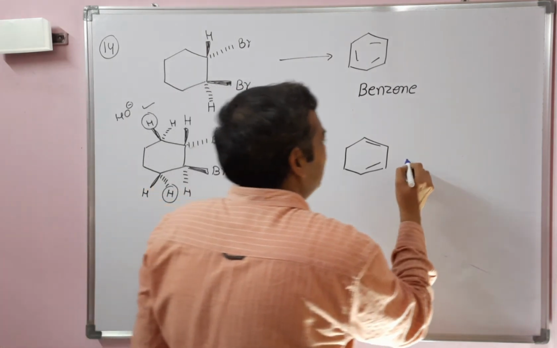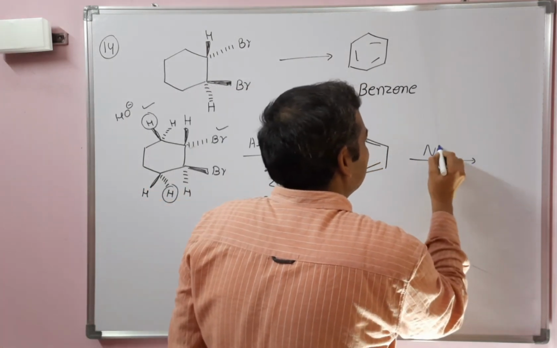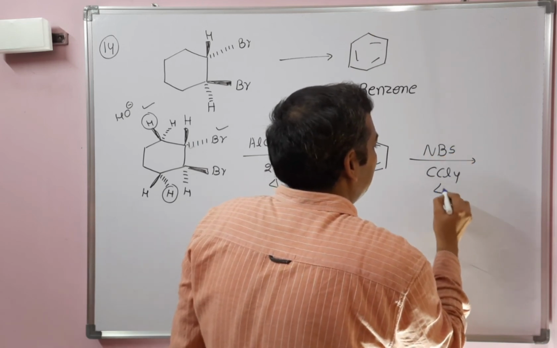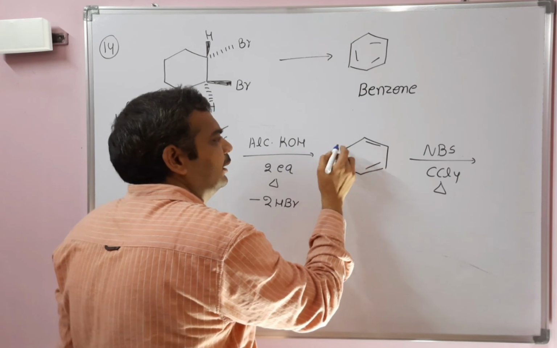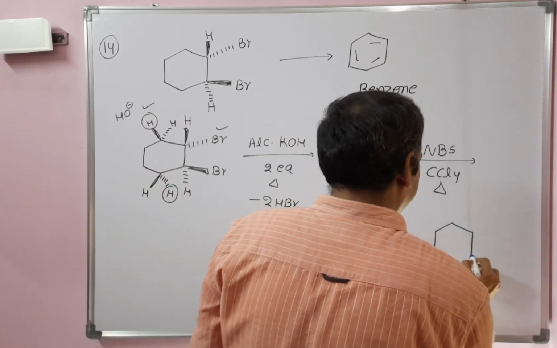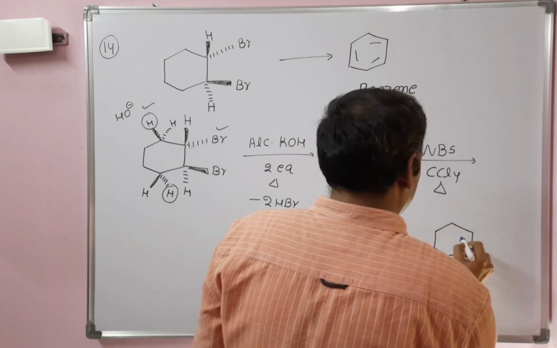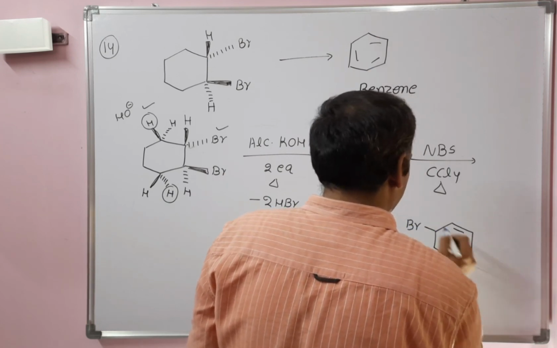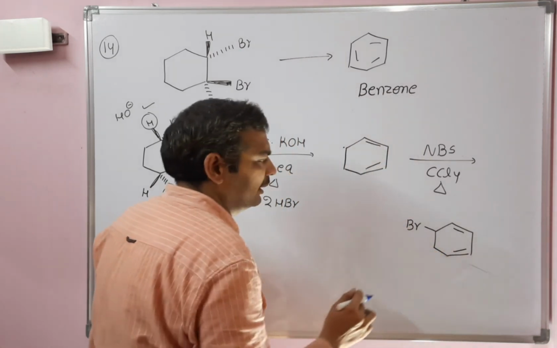After that, the Wohl-Ziegler reaction: NBS in CCl4 under heating condition gives allylic halogenation. This is the allylic position, so allylic bromination will take place.